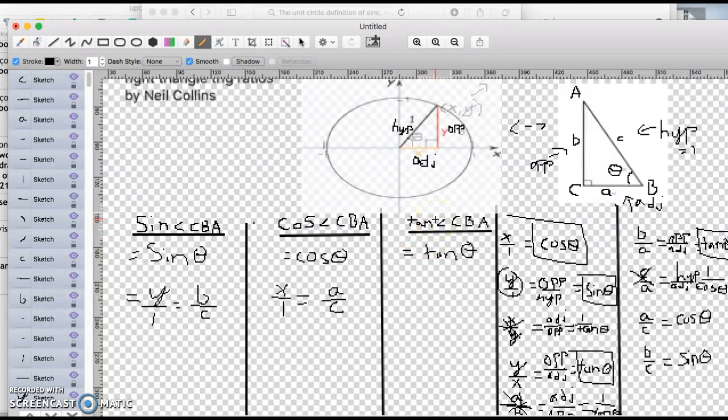Now tangent of angle CBA. So we have to figure out which expression gave us the tangent for angle theta, both angles right here.